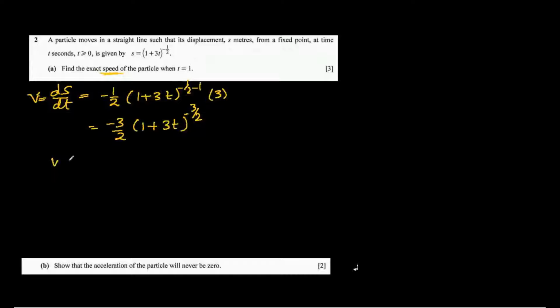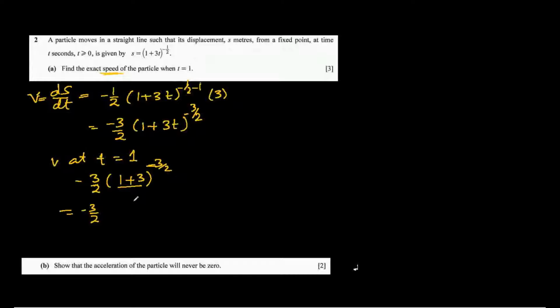Now they said find the speed when t is 1 second. So we substitute t equal to 1 in this. So 1 plus 3 times 1 is 4, to the power of minus 3/2.